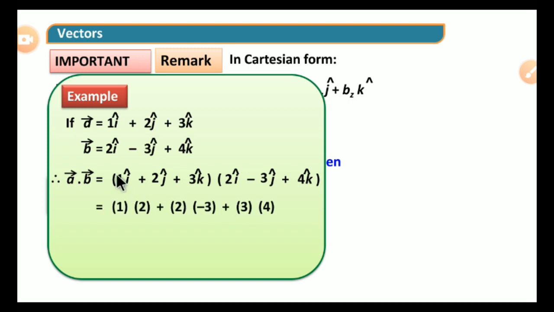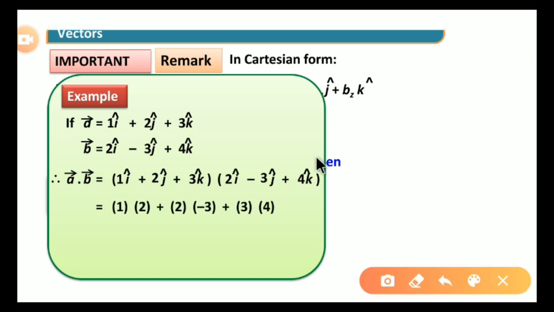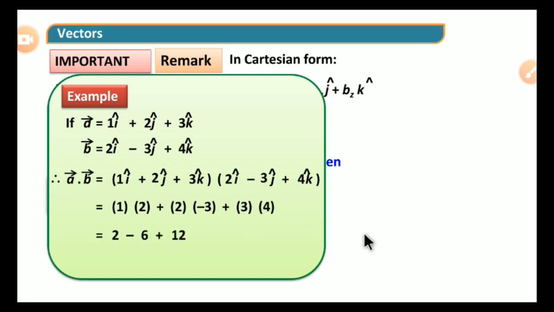So by the definition of the dot product of two vectors and the previous important remark, it is 1 into 2 plus 2 into minus 3 plus 3 into 4. So it becomes 2 minus 6 plus 12. The final answer will be 8.